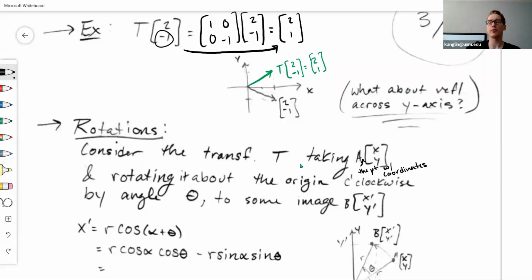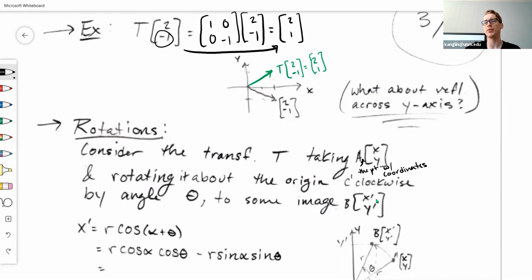So consider the transformation that takes a point like that, x, y, I'm labeling that point A, and rotates it about the origin counterclockwise by an angle theta to some image, some place you end up after that rotation that I'll call point B with coordinates x prime, y prime. The primes there are just labels. They're not indicating a derivative or anything like that. They're just saying they're different than the original inputs.